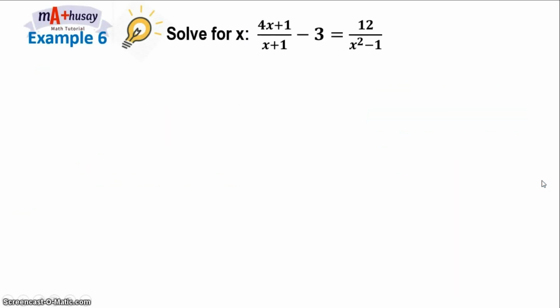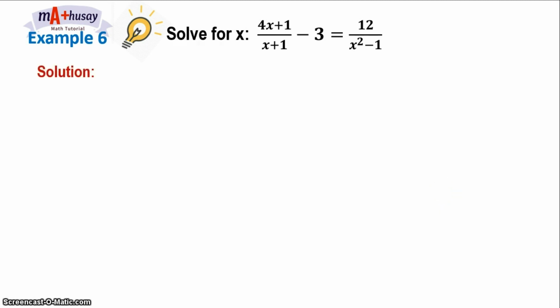Example number 6. Solve for x. 4x plus 1 all over x plus 1 minus 3 equals 12 all over x squared minus 1. So, in this case, since marami tayong rational expression na pinag-uusapan, kukunin natin ang LCD.